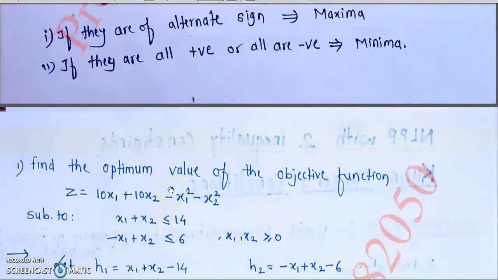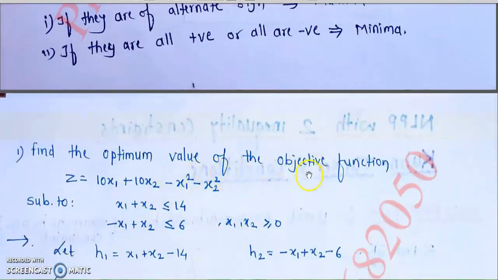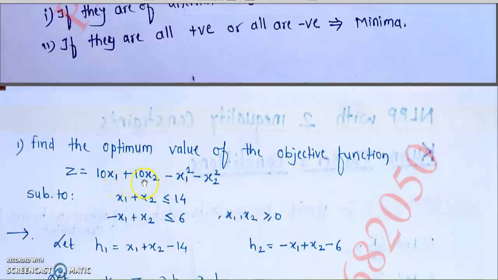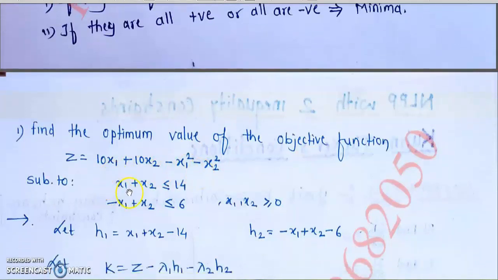Find the optimum value of the objective function z equal to 10x1 plus 10x2 minus x1 square minus x2 square, subject to x1 plus x2 less than or equal to 14, minus x1 plus x2 less than or equal to 6, where x1 and x2 are non-negative.